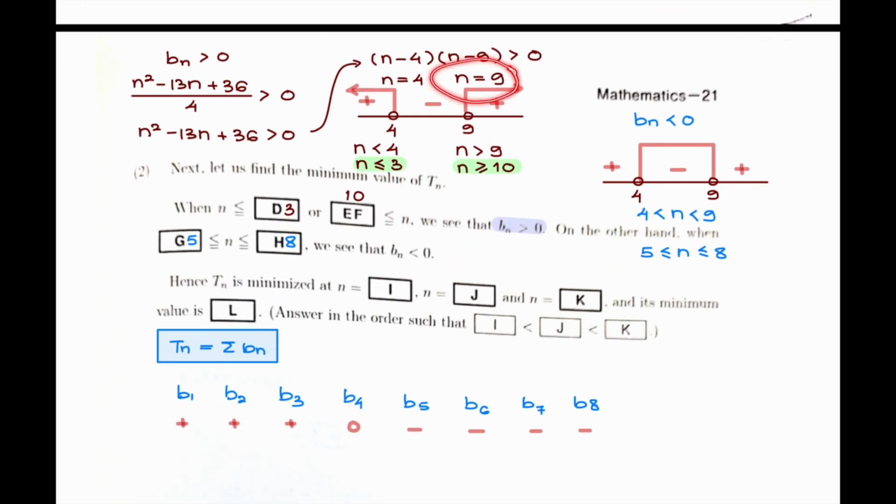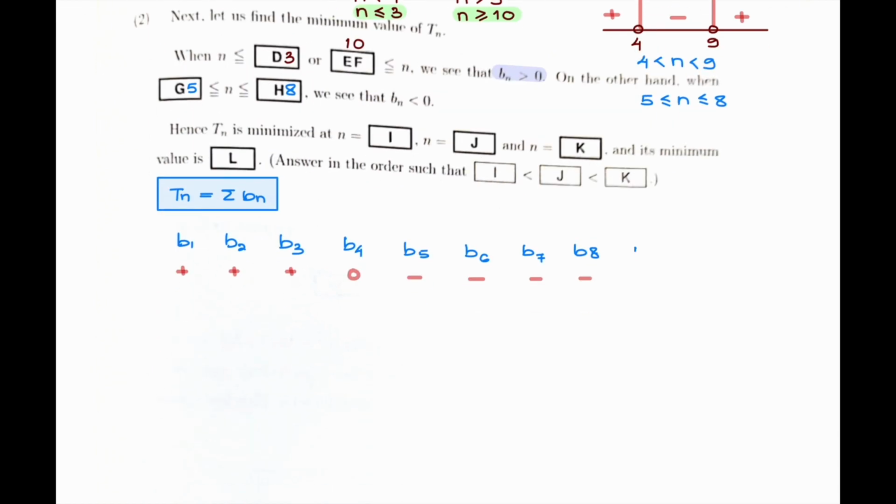B9 is equal to 0 because 9 is the critical value. And then B10 and so on are all positive numbers.